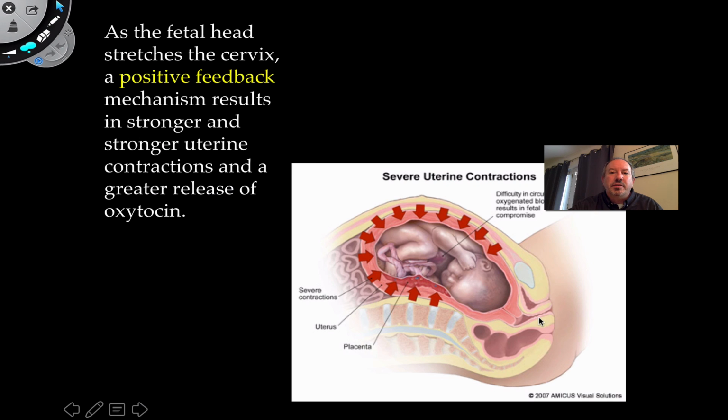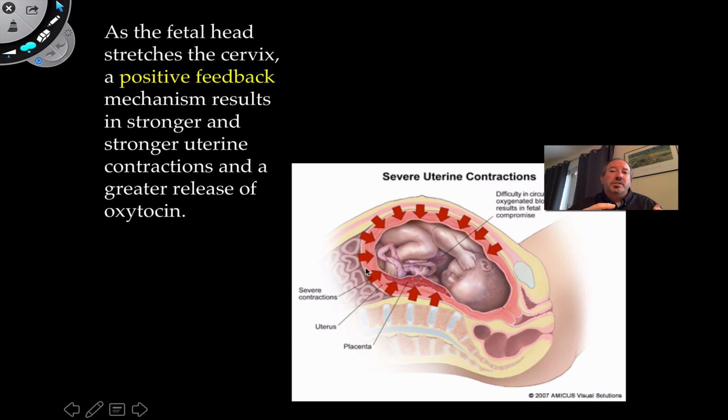The way this works is that when the baby's very large, and we don't actually know this completely, it's not completely understood, but when the baby's very large and close to full term, it begins pushing on the walls of the uterus. That sends nerve impulses up into the brain, which causes a release of the hormone oxytocin, and its job is to cause the uterus to contract.